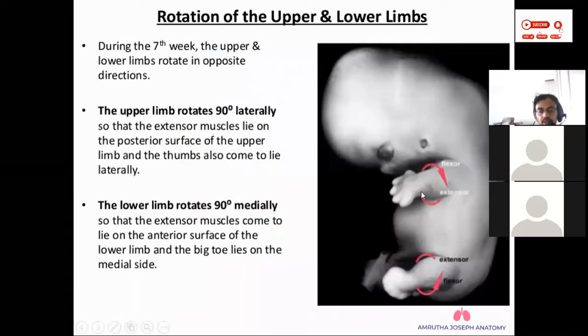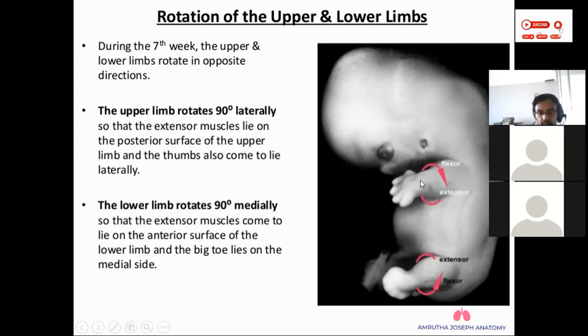This is called rotation of limbs. This happens in the embryological period, where this is the upper limb bud, and this is the lower limb bud. But as the limb develops, this is the normal or usual position, but as it develops, there is going to be a rotation. This is the extensor surface, what you can see here, and the opposite side, which I'm not able to show, is the flexor surface of the upper limb.